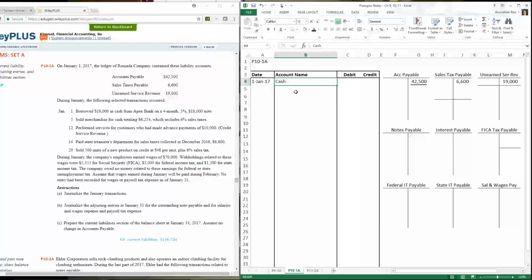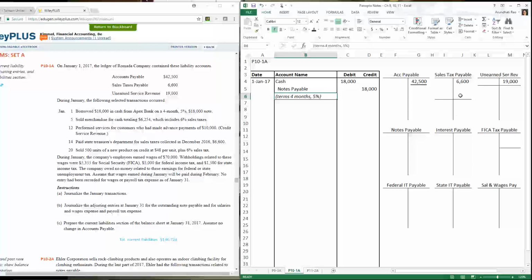It's a liability, and I'm going to call it notes payable, not accounts payable, notes payable, and it's for $18,000. I'm also going to write for this particular problem the terms of the note, just so that I remember what they are. I can obviously look in the problem, but I would prefer writing it here as well on the memo line.